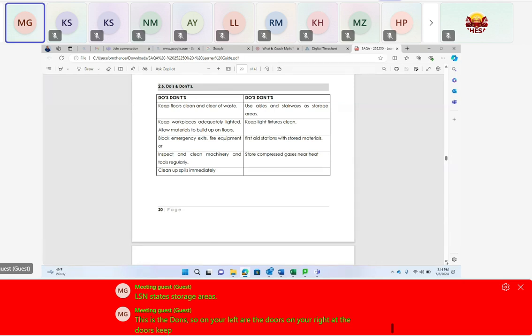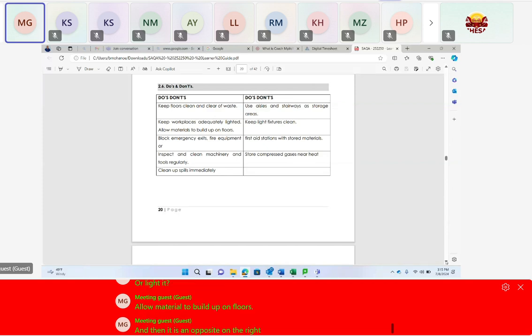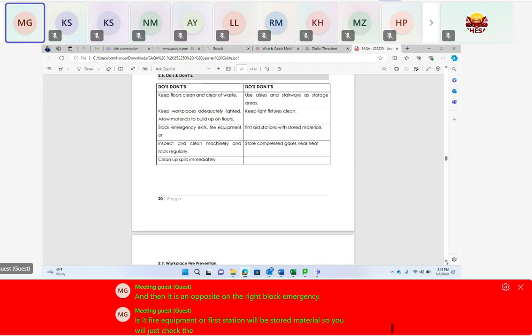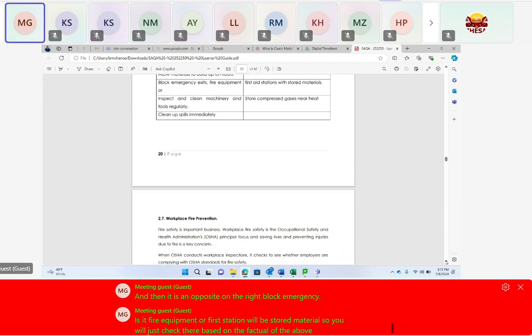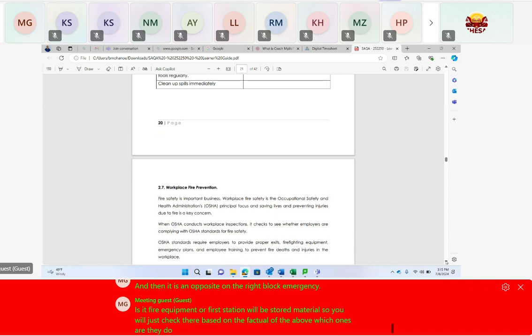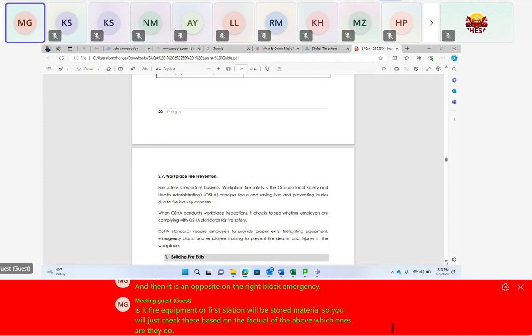Keep workplaces adequately lighted. Allow material to build up on floors. And then there's the opposite on the right: block emergency exits, fire equipment, or first aid stations with stored material. So you will just check based on the above. Which ones are the do's? Which ones are the don'ts?